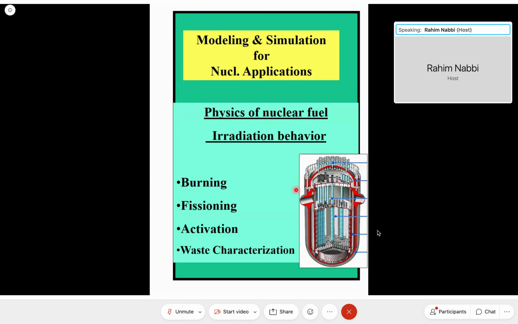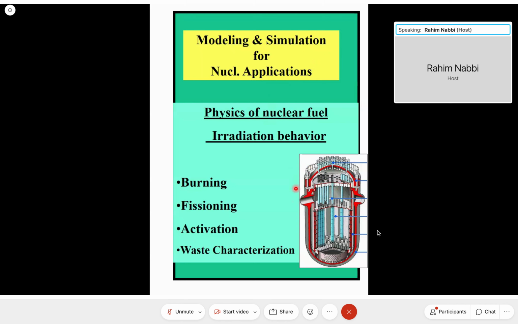Fuel elements are loaded inside the core, and the reactor is operated for years or many months. Because of the fission and burning processes, different nuclides are produced, which have completely different physics and nuclear characteristics.